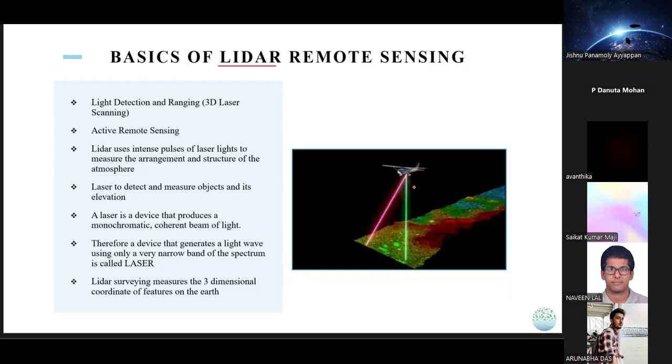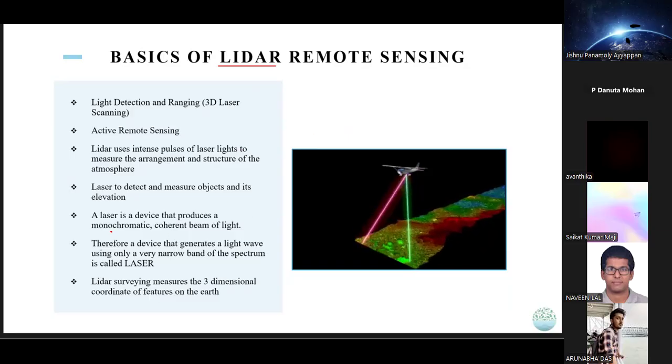In this figure, you can see that we have a laser beam. If you ask, what is a laser? A laser is a device that produces a monochromatic coherent beam of light. What is monochromatic here?